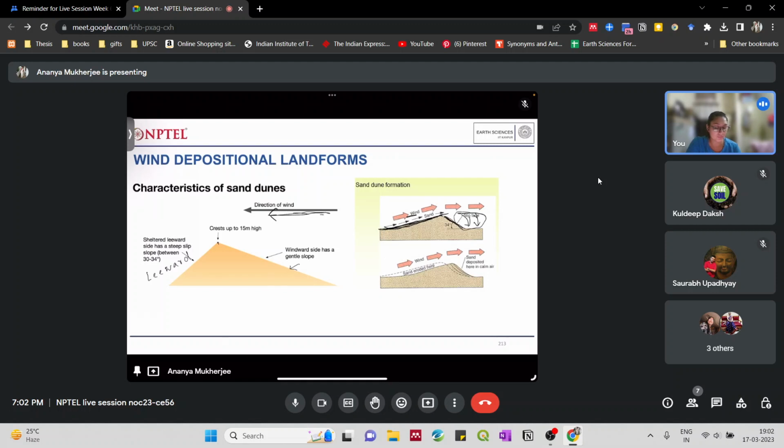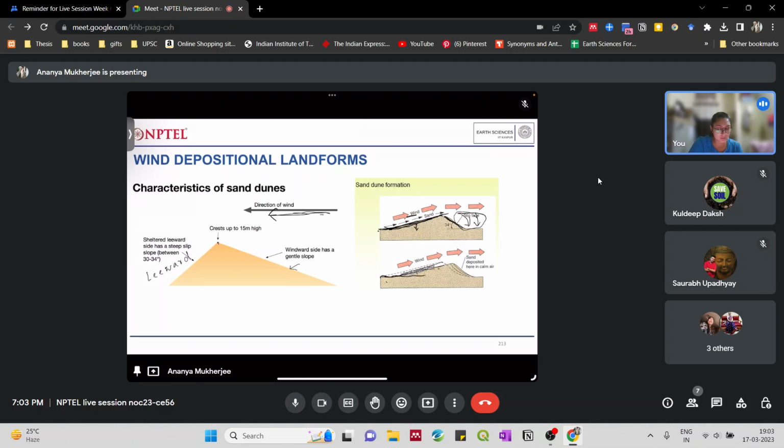So if this was your original sand dune shape, with time you will see that the surface is going to get lowered, because the sand from here is still getting eroded by the wind.